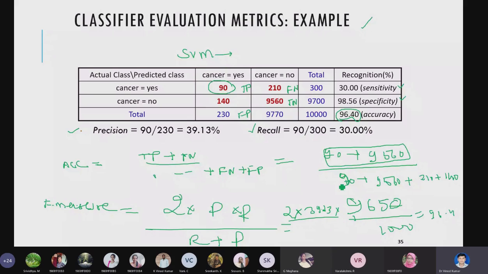Recall 30 means, suppose I have given 100 names to remember. You remembered them, you took them on time.